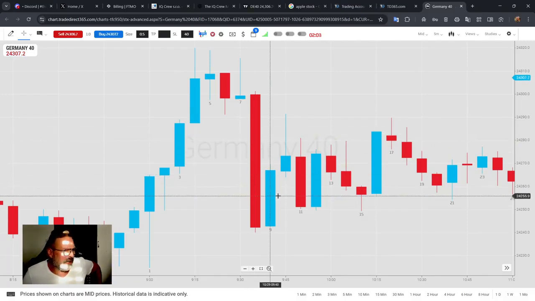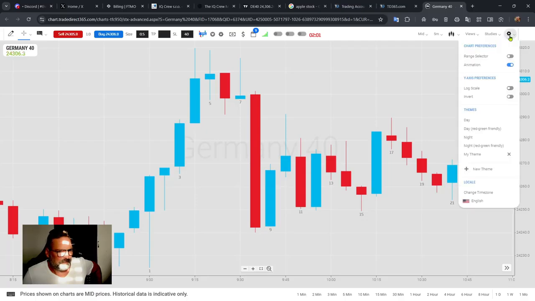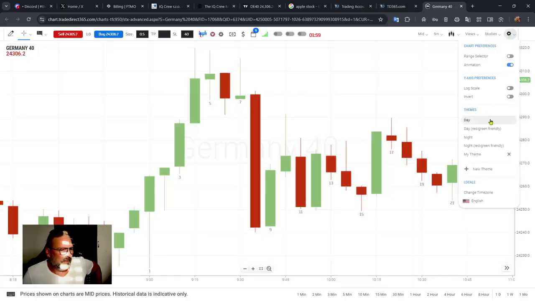But that's just me, you know. Some people have green bull bars and red bear bars, and some even use black and white. White for bull bars, black for bear bars.